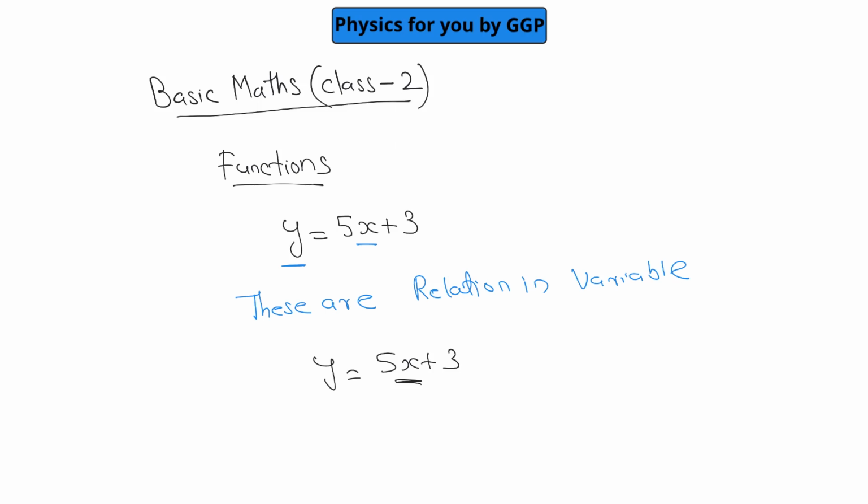Like if I put the value of x equal to 0, then I'll get the value of y equal to 3, and if I put x equal to 1, I'll get y equal to 8, like that. So if we can put any values for x, then the value of y will also change. That's why we take y and x as variables. But we cannot change the value of this 3 or 5. These are nothing but constants.